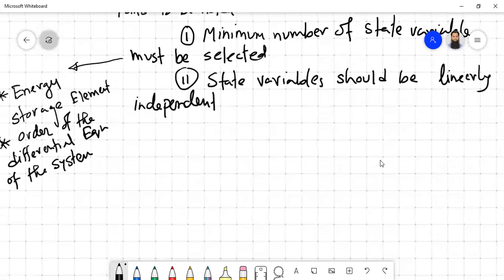But secondly, whatever we are selecting has to be linearly independent of each other. Say we have 3 state variables x1, x2, and x3.